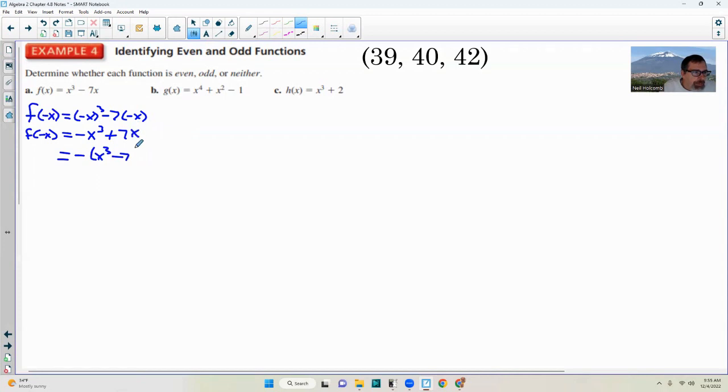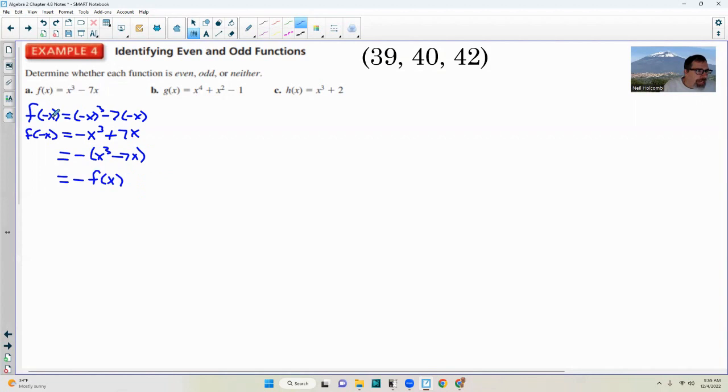Oops, I forgot my x here. So in other words, if I negate this and distribute, negative 1 times x cubed is negative x cubed. Negative 1 times a negative is positive 7x. And if you look, what's in this parentheses after that minus sign is what we started with. So that would equal the negative f of x.